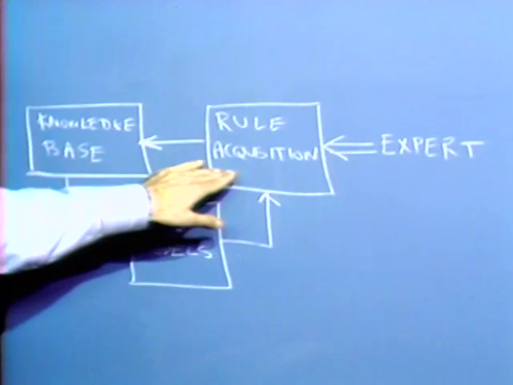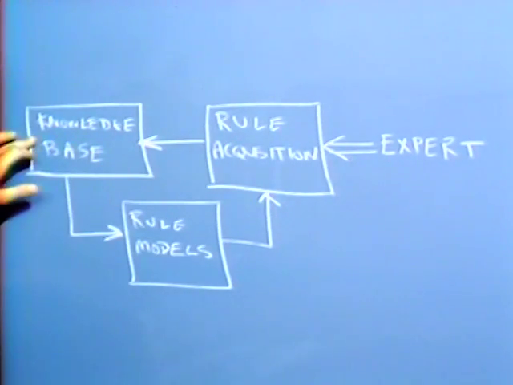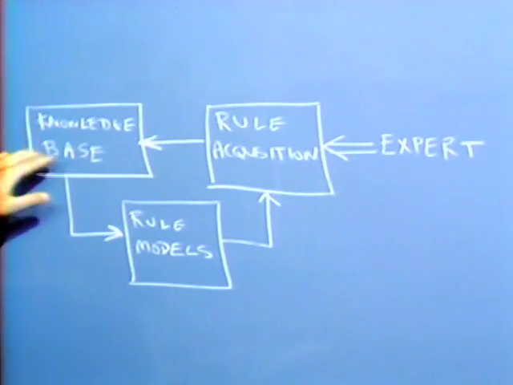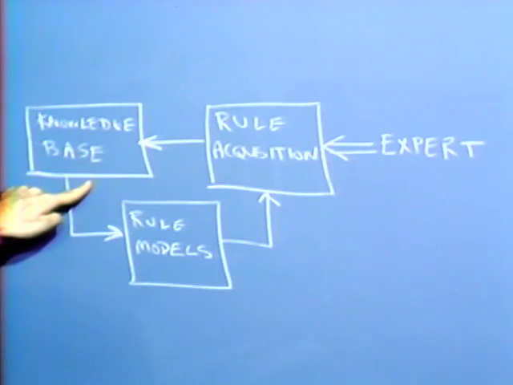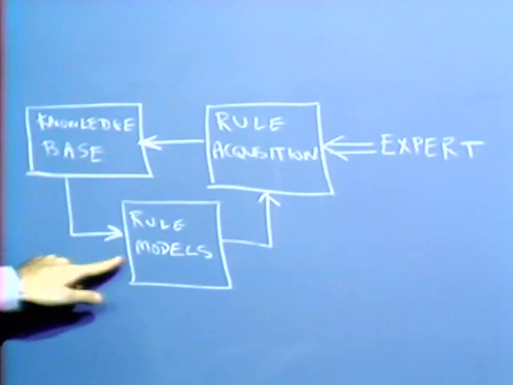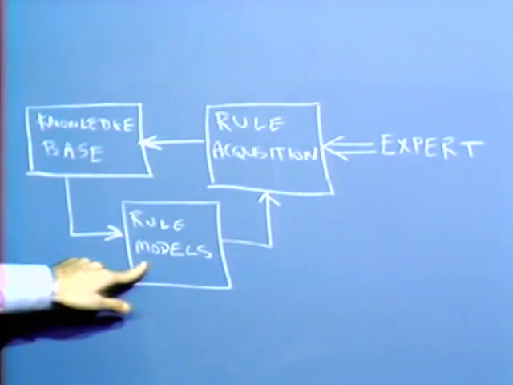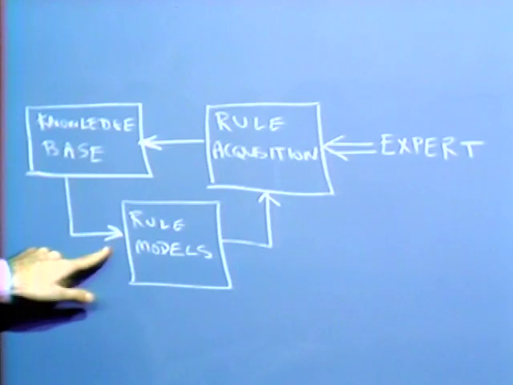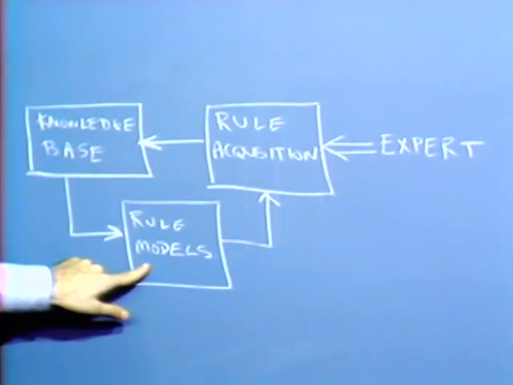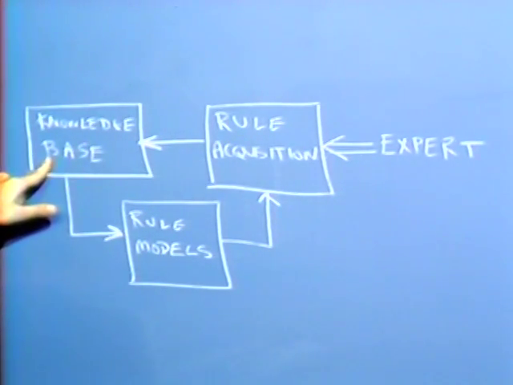But as a result of doing this, as a result of getting a new rule, we add it to the knowledge base. We have added and improved our knowledge base, made it a little bit larger. And as a result of that, we can go ahead and update the rule models. Because remember what I said. I said that these are empirical generalizations about subsets of information in here.